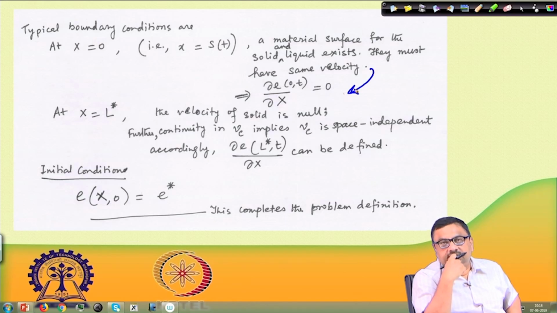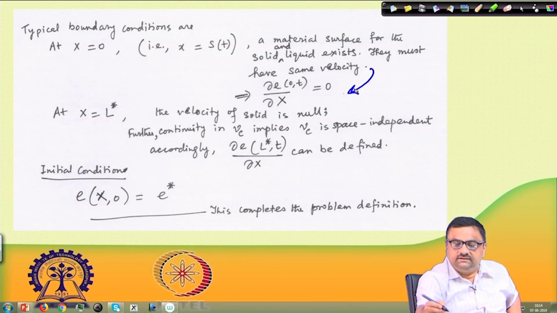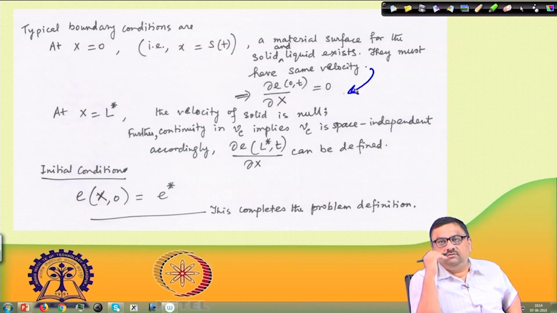Because at that location, at capital X equal to 0, the E is not going to change with position. Because there is a material surface for solid and liquid, and this entire surface is coming down. So, solid and liquid both will have the same velocity at that place, and if both have the same velocity, then del E del capital X has to be equal to 0.